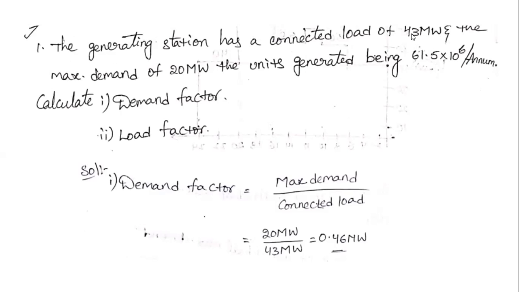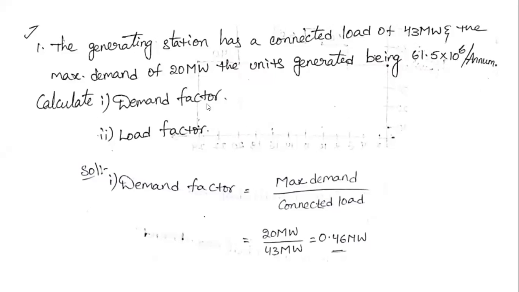The units generated are 61.5 into 10 power 6 per annum.